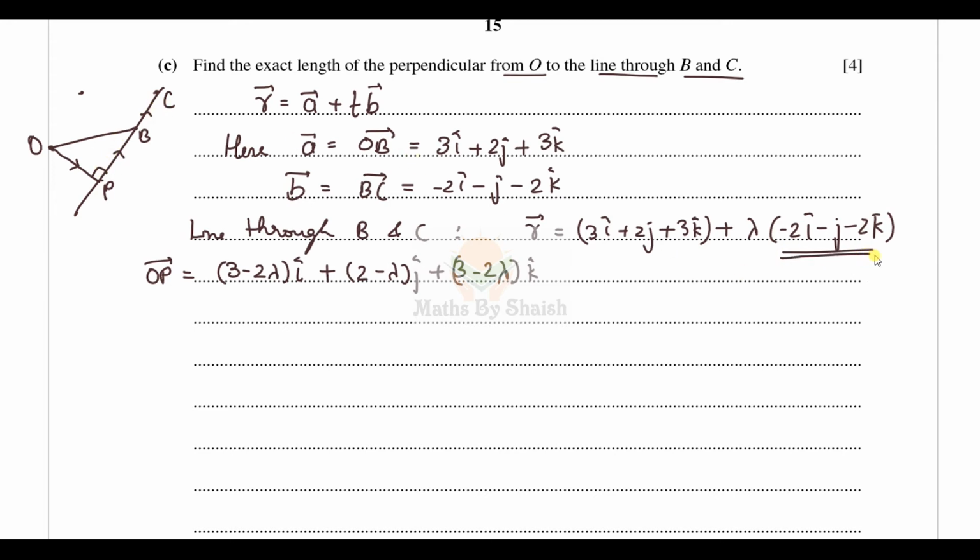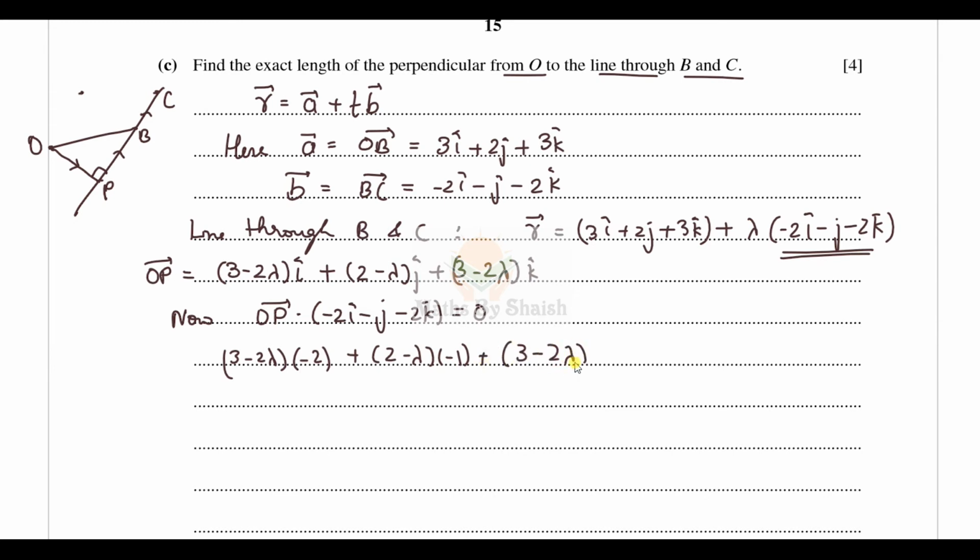So now we can write OP dot product with minus 2i minus j minus 2k cap should be 0 because they are perpendicular, and hence this dot product will be (3 minus 2 lambda) times minus 2 plus (2 minus lambda) times minus 1 plus (3 minus 2 lambda) times minus 2, and that should be 0.